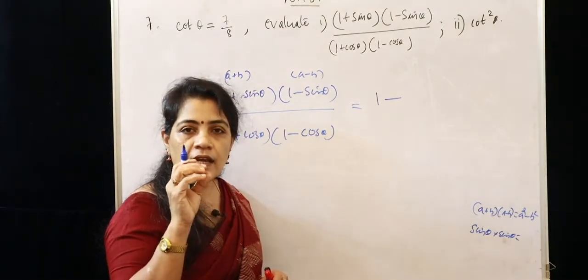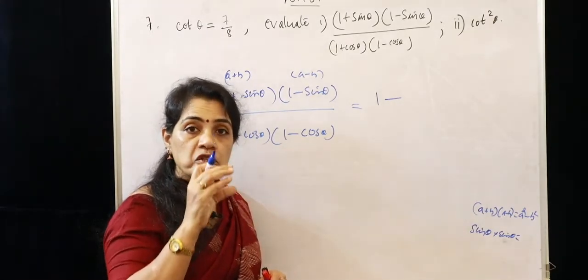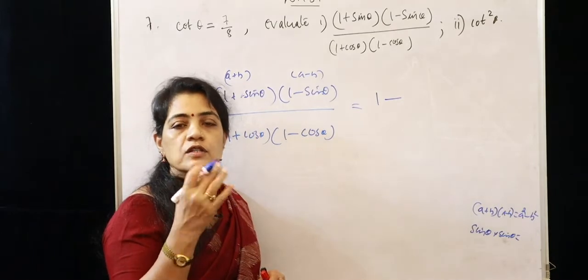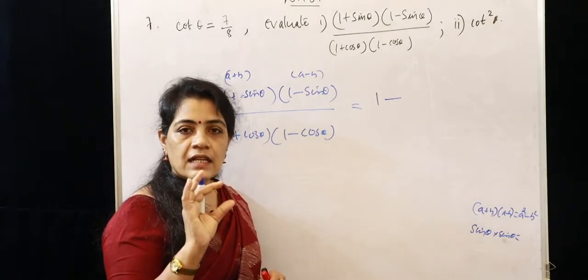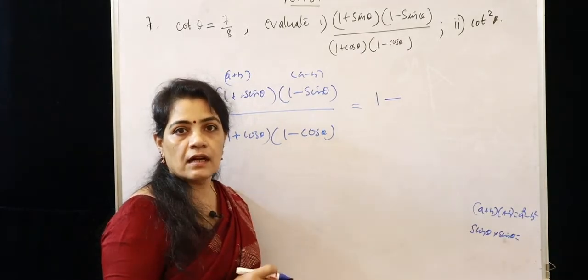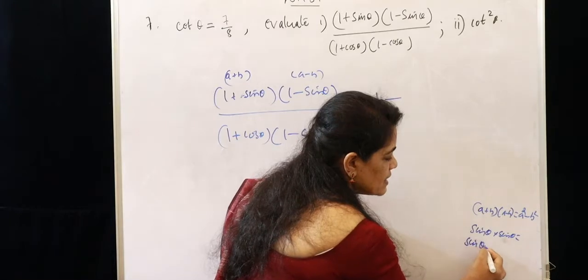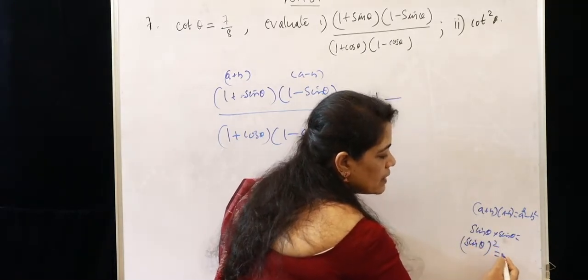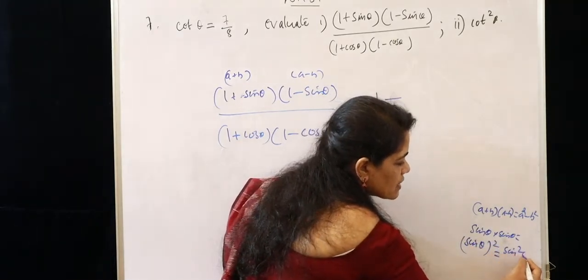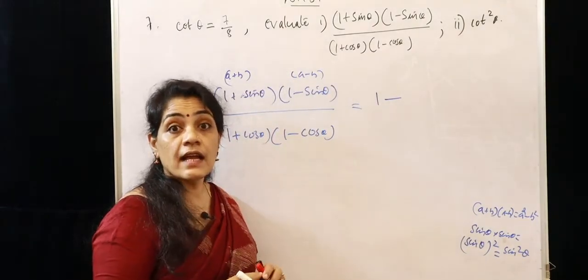Okay, that means we are taking the reference angle as theta and the ratio we are squaring. Sin theta into sin theta is sin square theta. In the same way, this can be written as sin theta whole square, but this is equal to sin square theta. We are not squaring theta. This should be very carefully noted.